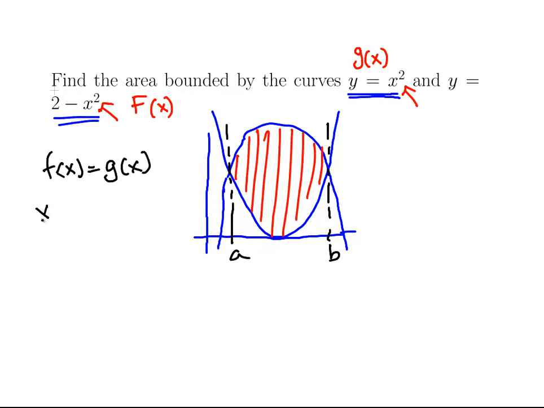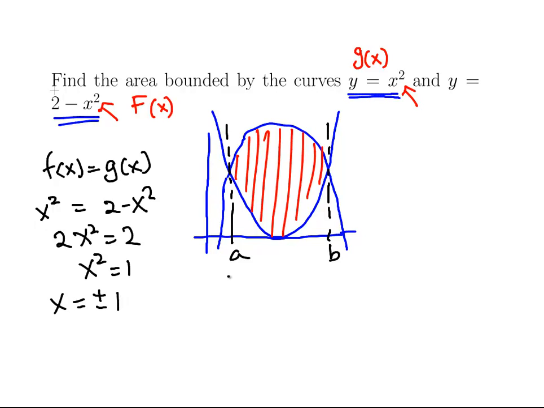We have 2 minus x squared equals x squared, so adding x squared to both sides, 2x squared equals 2, so x squared equals 1, so x equals plus 1 or minus 1. That is minus 1 and that is plus 1.